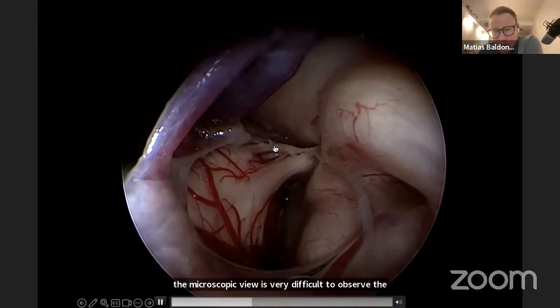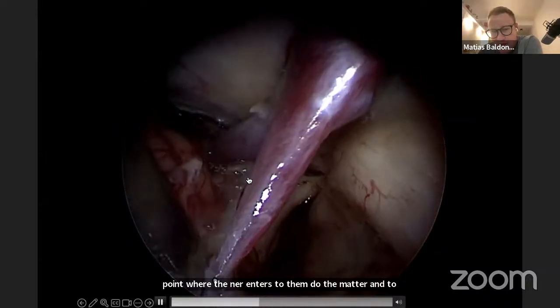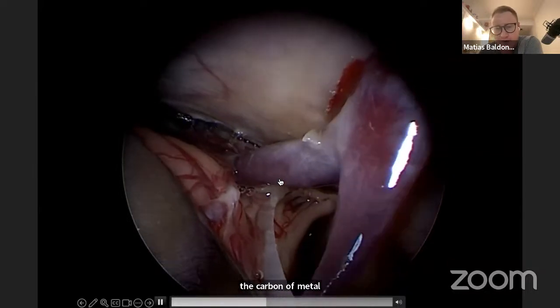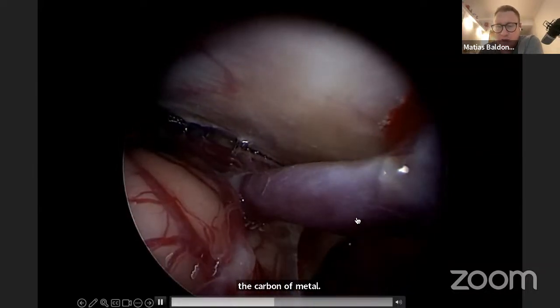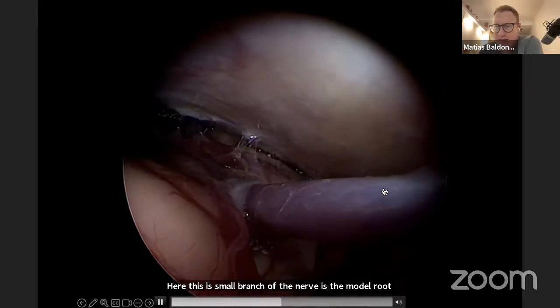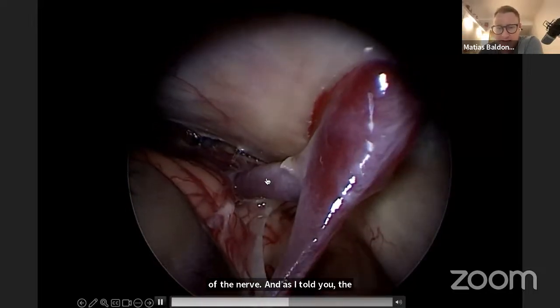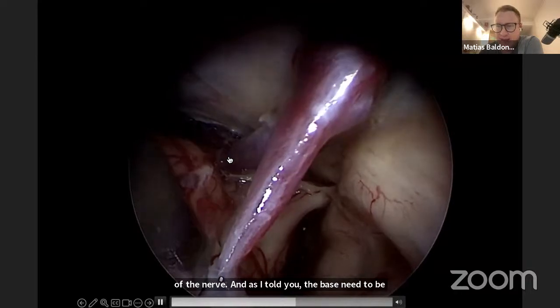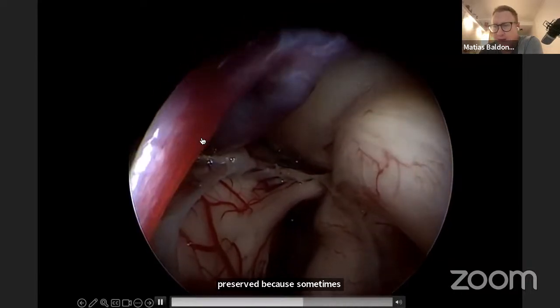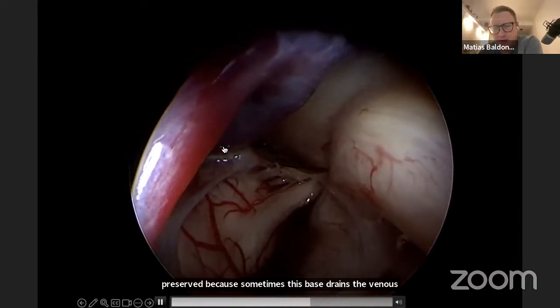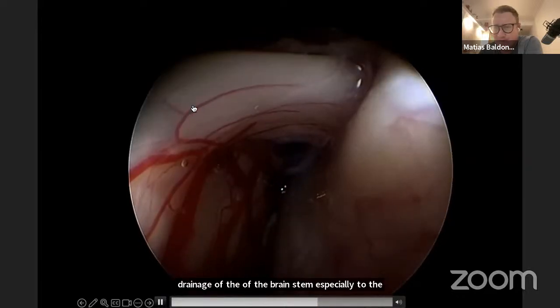Here, this small branch of the nerve is the motor root. And as I told you, the veins need to be preserved because sometimes they provide the venous drainage of the brainstem, especially the pons or the mesencephalon.